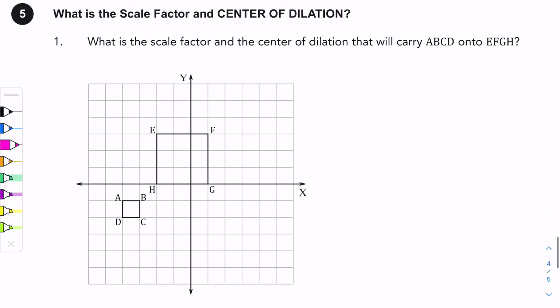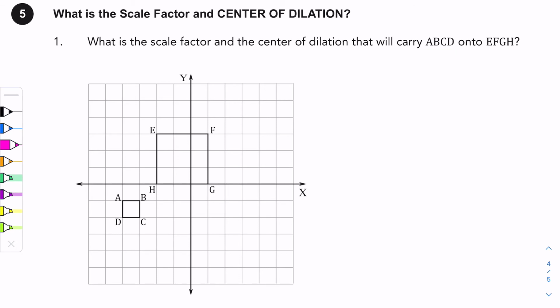Okay, and the last example on the note sheet is finding the scale factor and the center of dilation. So we're actually going to go about this just the way that we've been doing the other ones. I'm going to be sketching lines in the coordinate plane. I also want to point out that we are talking about figure A, B, C, D, and E, F, G, H. So I didn't use prime notation on these two figures.